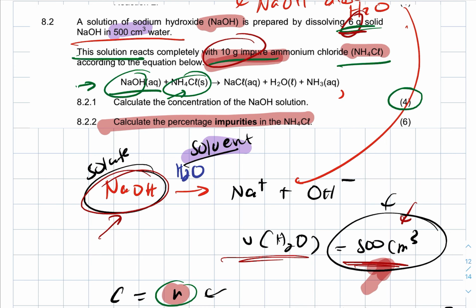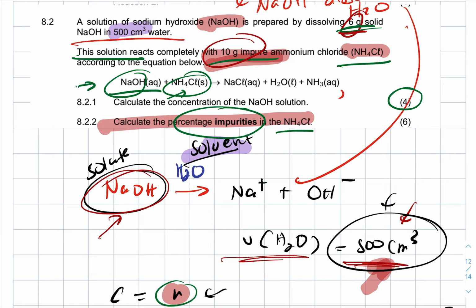So with that being said, we're going to use the same number of mole to find the moles of this one. And after finding the moles of that one, we can find the mass of that one. And then we can use the mass in the equation of percent purity. And whatever percentage we get, we subtract that from 100. We're going to get the percentage impurity, because that's what they're looking for.